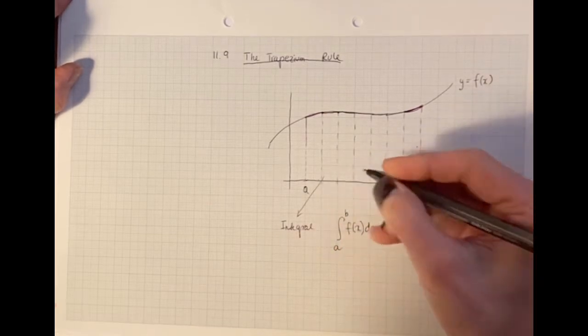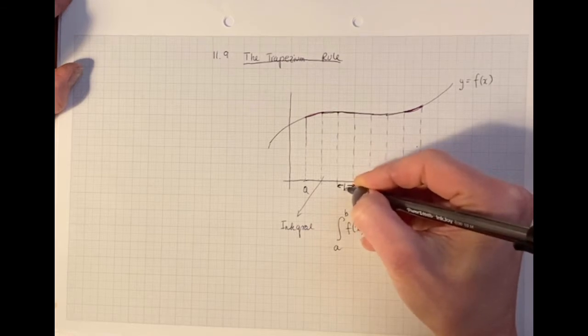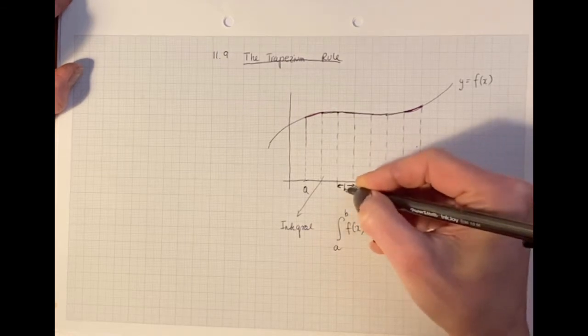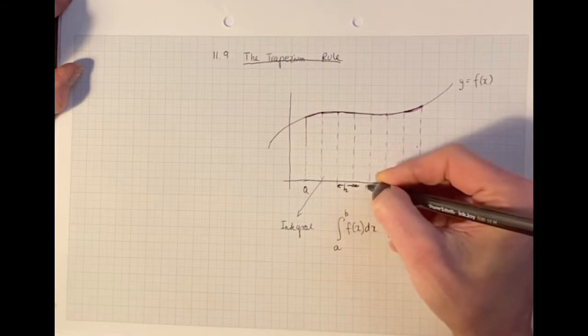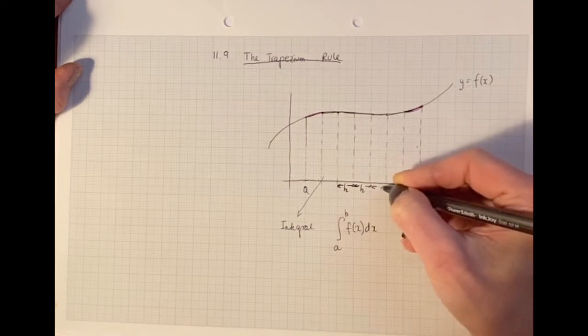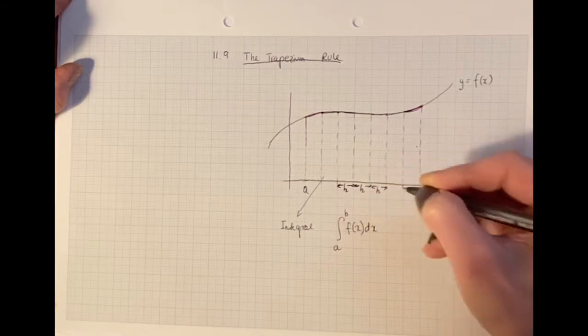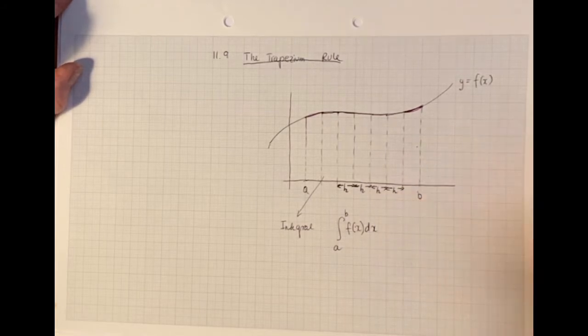The depth of each trapezium we denote using the letter h. So we split it into trapezia of equal width h.